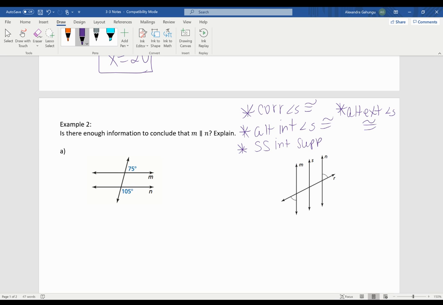Well, if I look at my first picture, this angle and this angle are not one of our special pairs, but one thing I do know is that I have a linear pair here, right? It's like 75 plus this thing should be 180. So if I erase some things, 75 plus something will give me 180, and that something is 105.